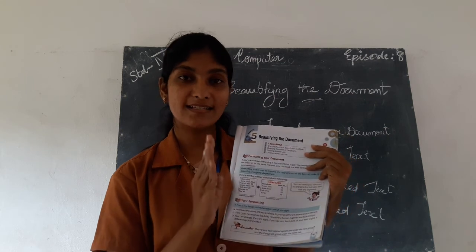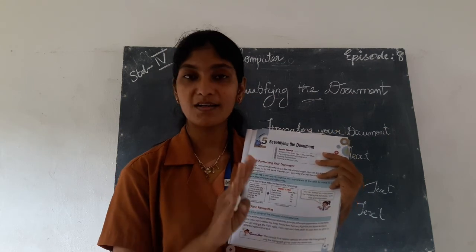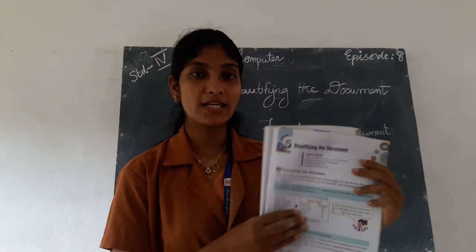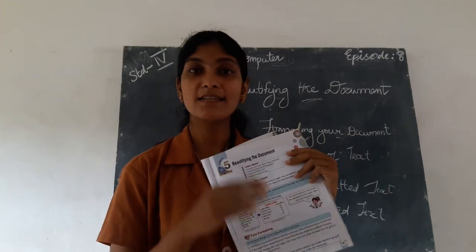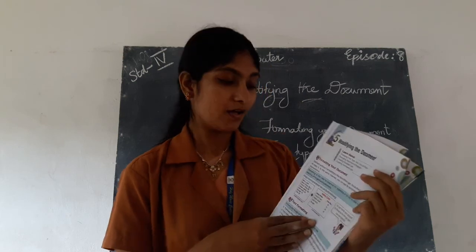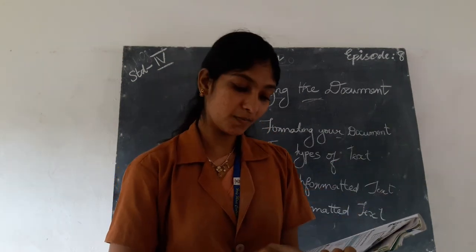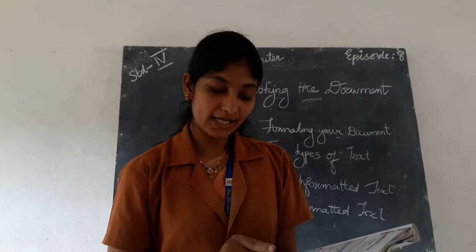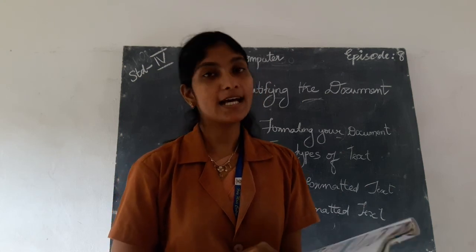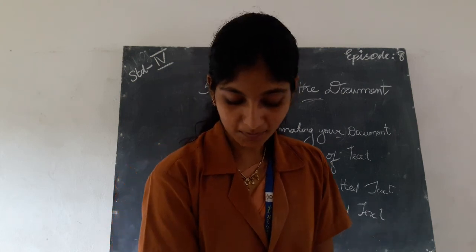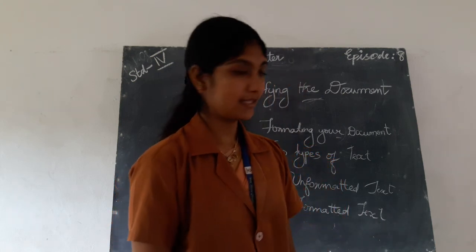That means there is a standard arrangement, organized in a beautiful and correct way. So we can easily understand it and it becomes more attractive. You can format your document by changing the font type, style, size and alignment.